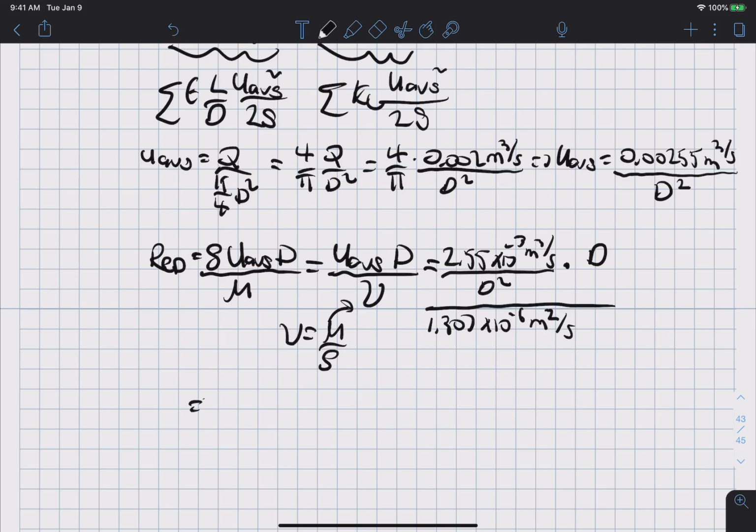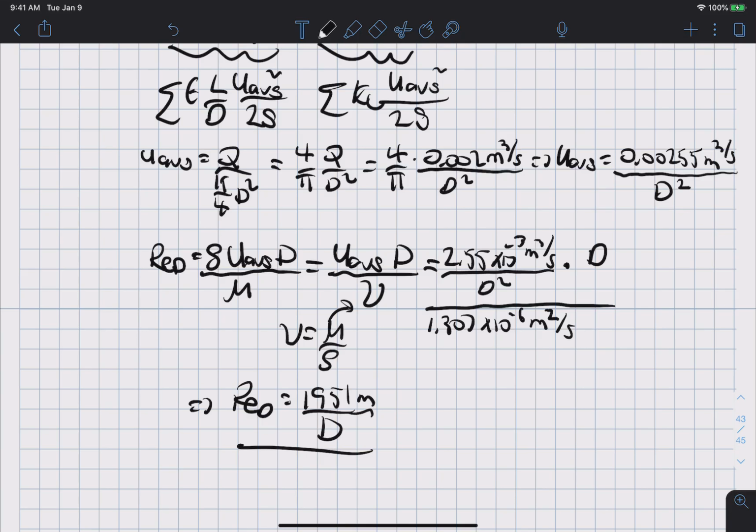And this implies that the Reynolds number based on diameter is 1951 meters over the diameter. Okay, and so that's what that is.